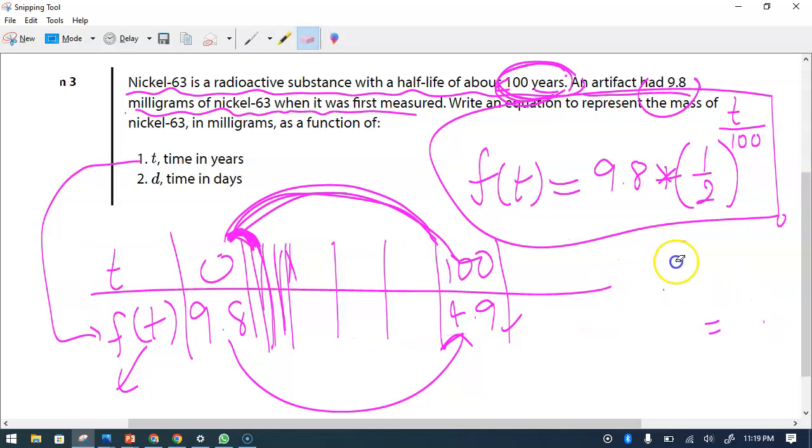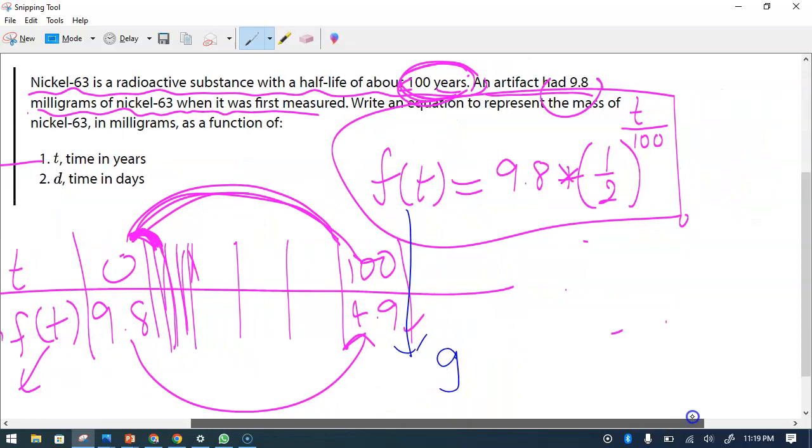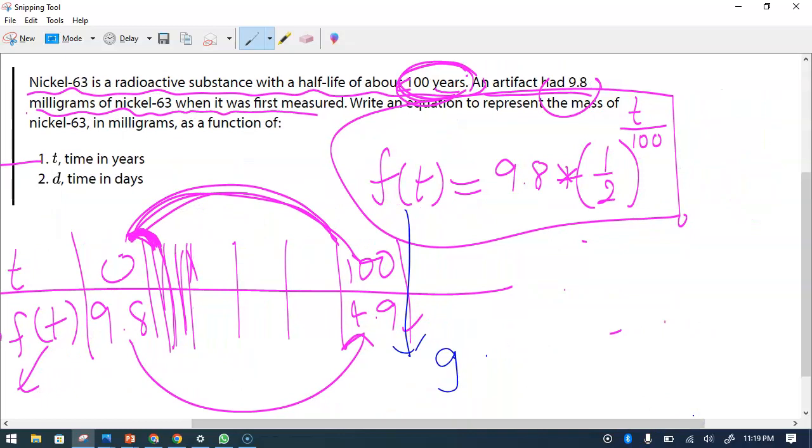Now, this formula that we did was for f(t). So I want to know for, let's say, another expression in g, and we want to know in days. So how do we change this? Now, 1 year is 365 days, right?